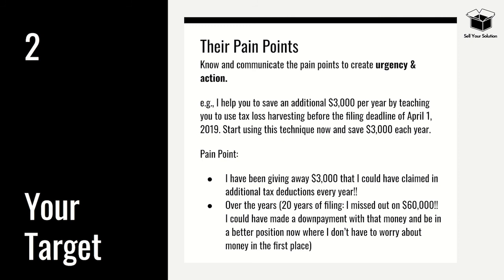So what? I could have made a down payment with that money on a house, and I could have invested this money rather than giving it away to the IRS. And with that house, I wouldn't be in the same position financially right now where I even have to worry about these things in the first place. Ouch, that is painful. And you want to rub that in.